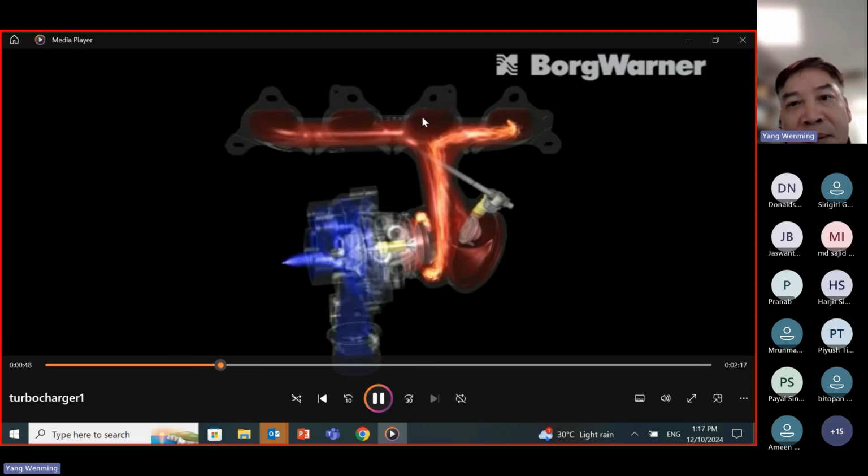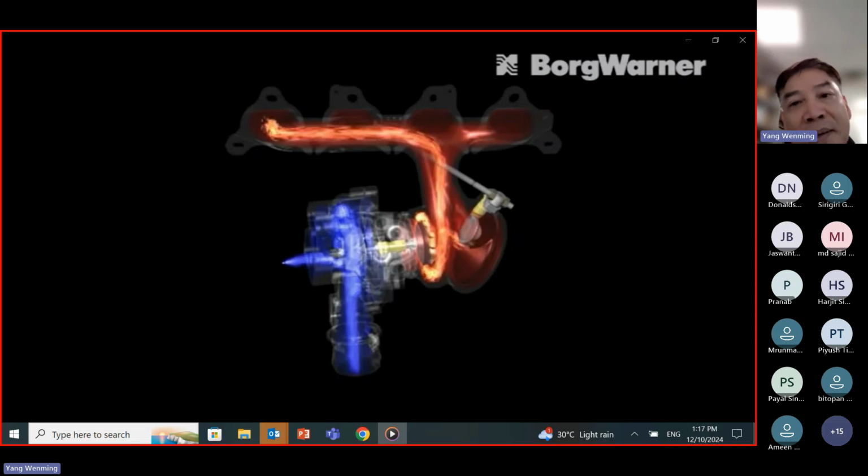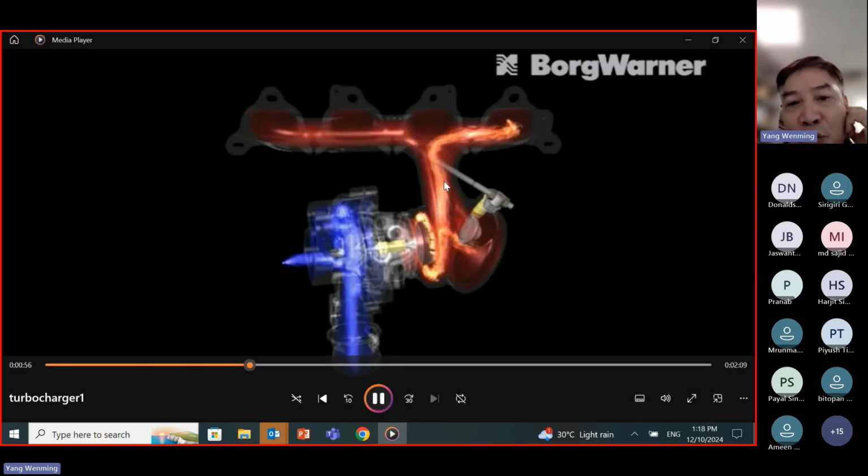Now we can see the exhaust gas will be discharged from cylinder by cylinder. Then the exhaust gas will be used to drive the turbine, correct? And then this turbine is connected with the air compressor. So the fresh air will be compressed to increase the pressure and increase the temperature.